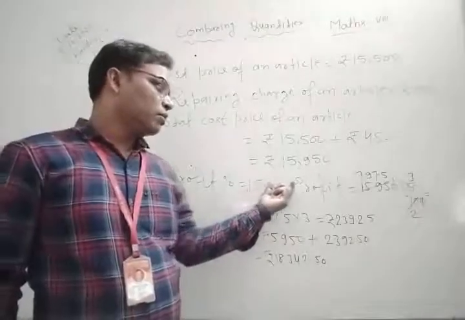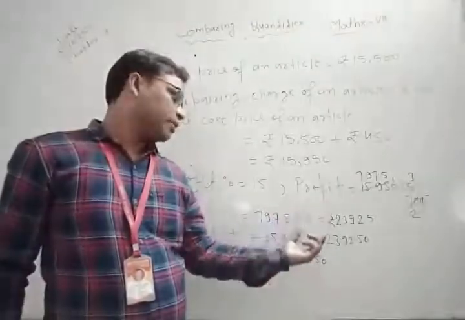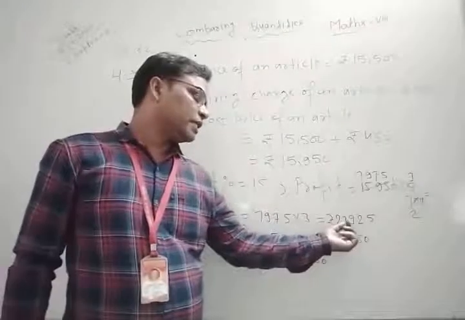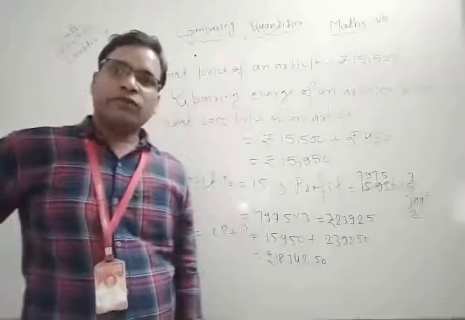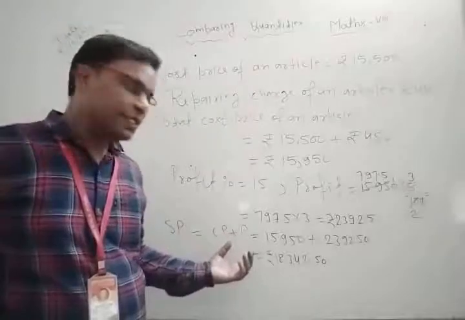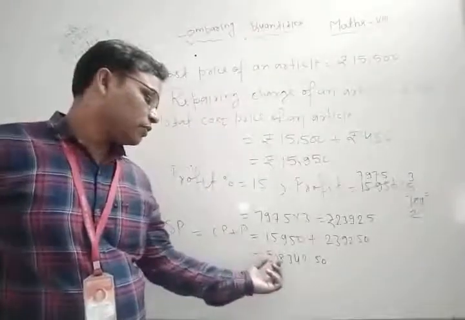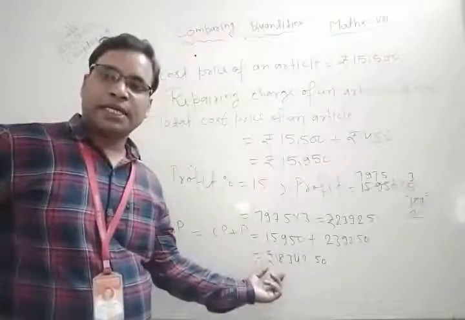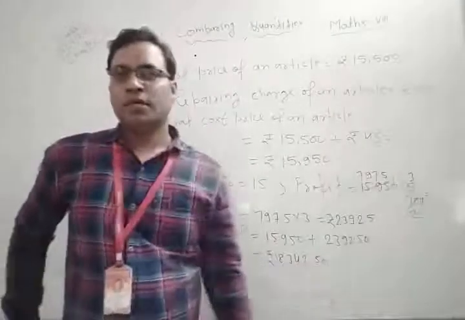First you find the profit of the article, which is 2392.5. We know very well that selling price is the cost price plus profit. So in this way you find the selling price of the article is 18,342.50.